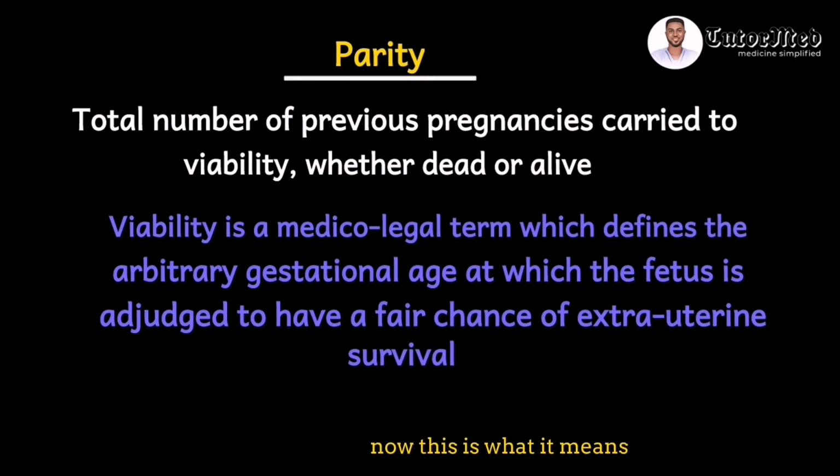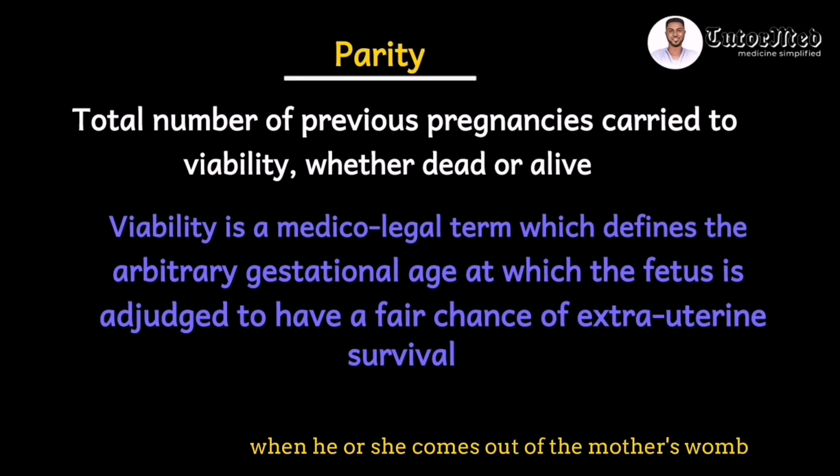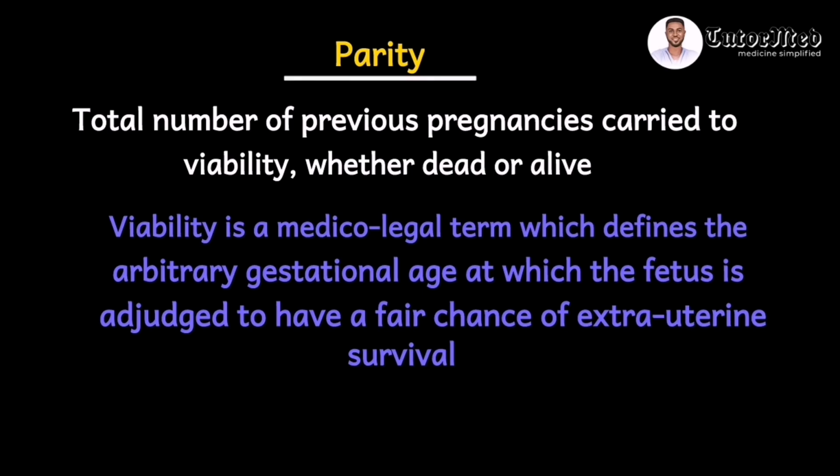Now, this is what it means: there is an age limit defined by law per country which judges whether or not a baby is likely to survive when he or she comes out of the mother's womb. And so in Ghana, that age limit defined by law is 28 weeks.